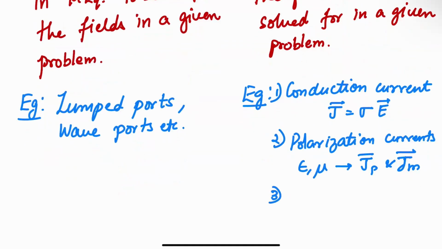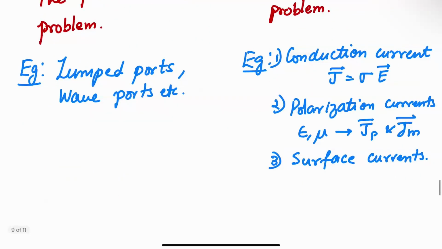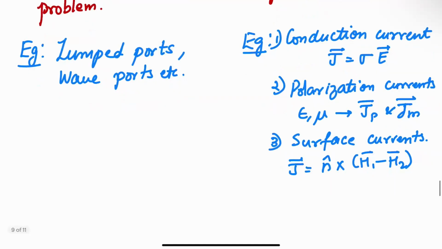Or you could have surface currents that are established to satisfy the boundary conditions, right? J equal to n hat cross H1 minus H2, and Jm equal to minus n hat cross E1 minus E2.